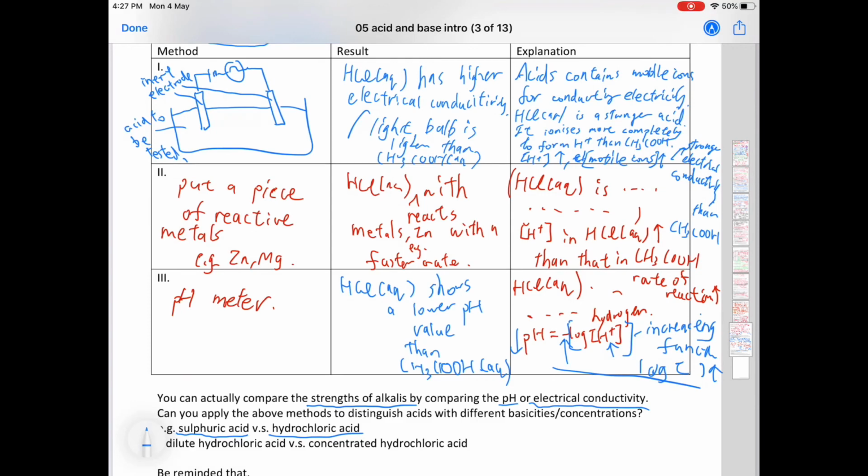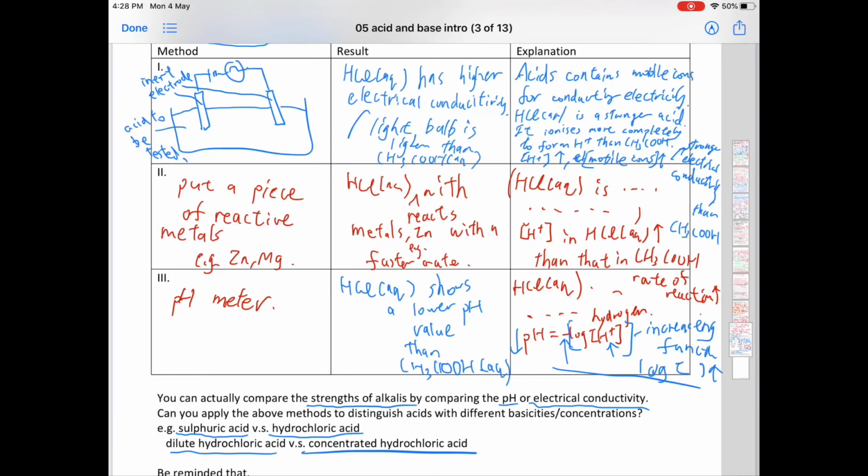It means that the concentration of hydrogen ion is higher, so it will have a higher electrical conductivity, a faster rate with zinc or magnesium, and a lower pH value compared with HCl. And of course, you can do something like comparing the concentration of the two acids.